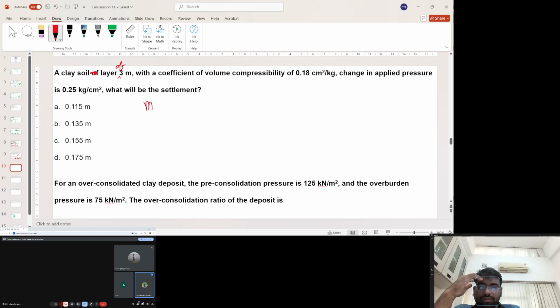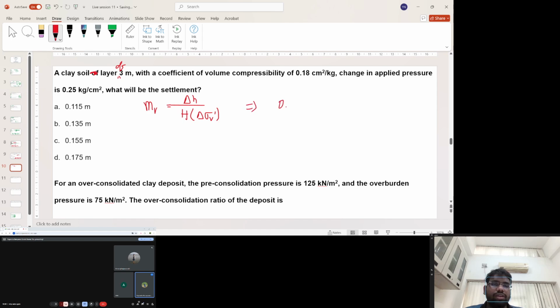So we know mv. mv is defined as delta H by H into delta sigma v dash, right?